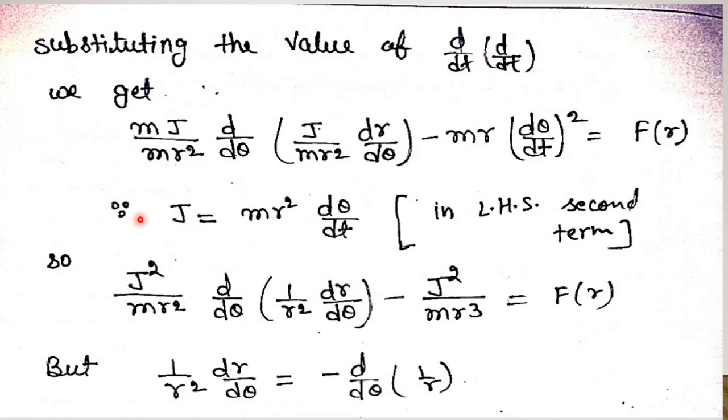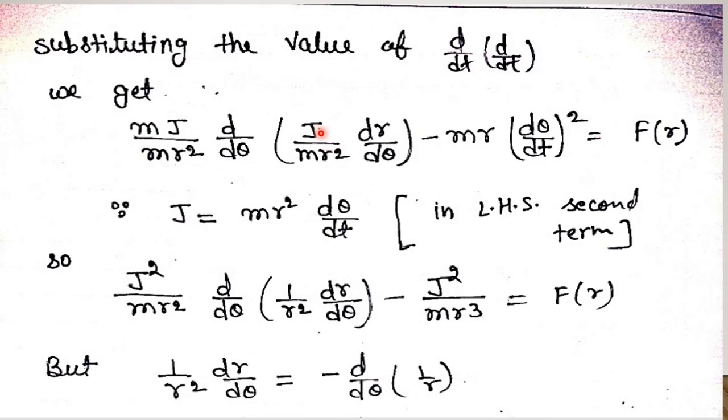Now as we know that j equals mr² dθ/dt. So in this term mr(dθ/dt)², we replace it with j, and then we get this term j upon mr² d/dθ. Here one m will be cancelled, but one m is present here, so we will write j² upon mr² d/dθ. This term will become 1 upon r² because j and j gives j².